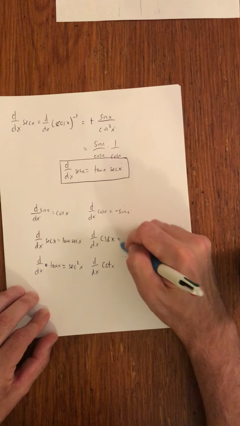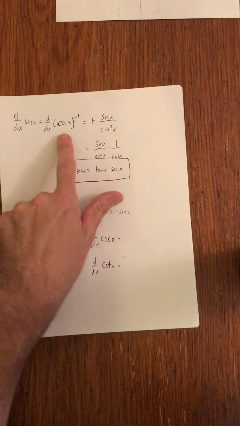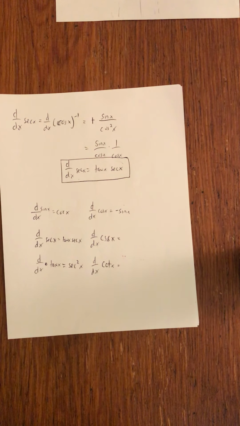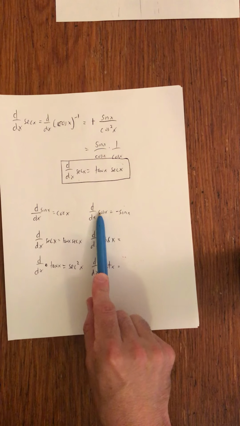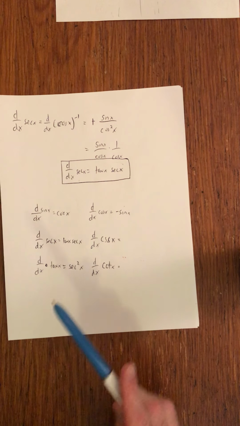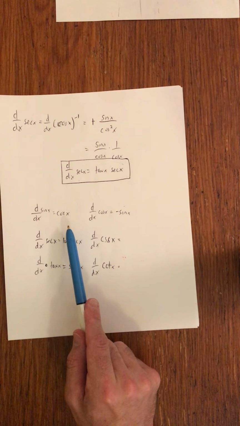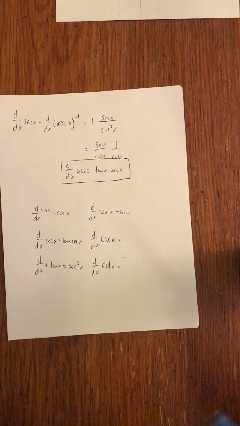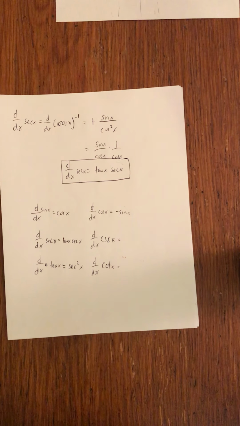And I think you can see how you would do those, right? We would turn the cosecant of x into sine of x to the negative 1. We turn cotangent of x into cosine of x over sine of x and do the same process. But let's actually look at some patterns here. Notice here, it seems like when we have a cofunction, two things are true, right? That the derivative of a cofunction has to do with its cofunction mate. Sine becomes cosine, cosine becomes sine, right?